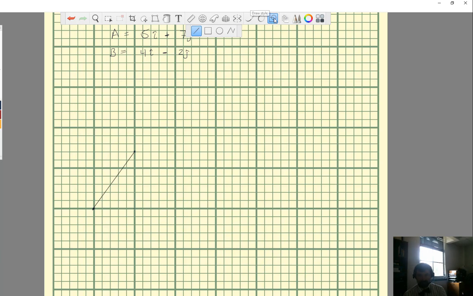Okay, and then vector B says go over 4, 1, 2, 3, 4, go up negative 2, so that's the same as go down 2, 1, 2. So here's vector B, and now I can draw that out with this line right here.